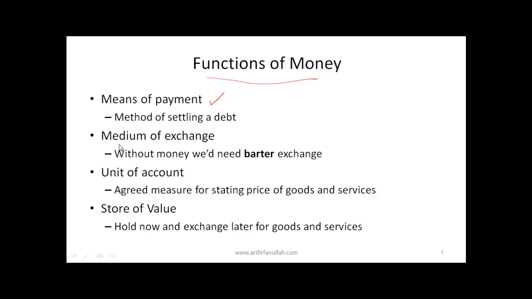The next is medium of exchange. Because of money, we can say that I am giving you a service and you are giving me money. If we didn't have money, what would happen? Then we would say, okay, I am giving you a service. Somebody gives me some oranges, somebody gives me apples, somebody gives me a laptop computer, somebody gives me a tablet.